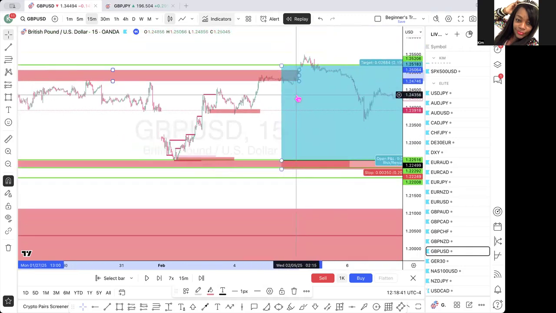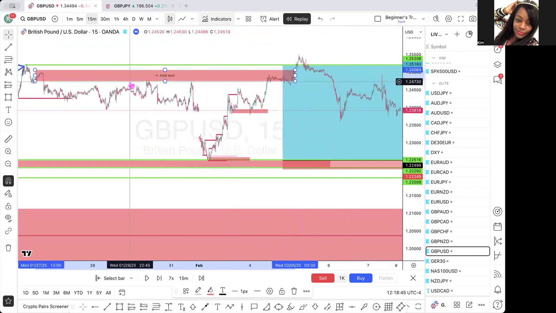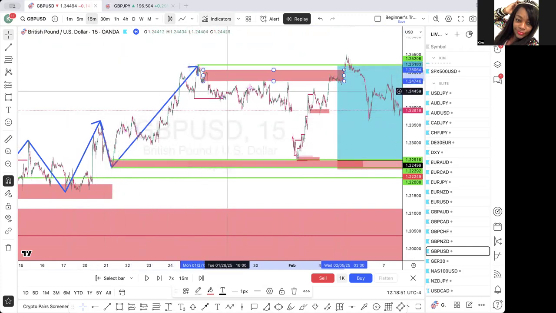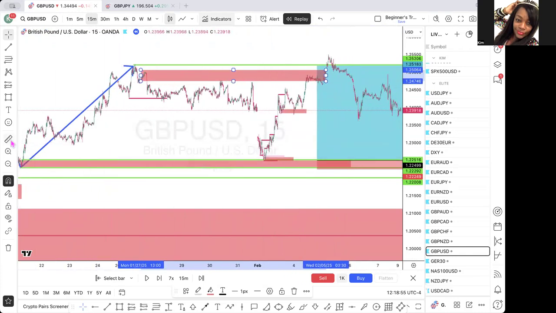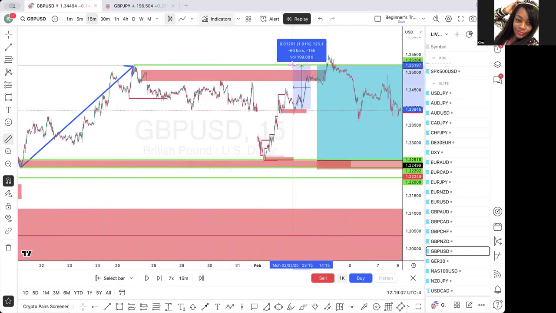So I would have stayed in the trade, like I said, because this was the ultimate swing. This was the bullish swing. I would have definitely stayed in the trade to that high. And that was 124 pips.